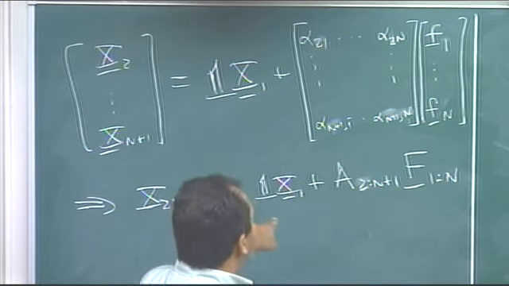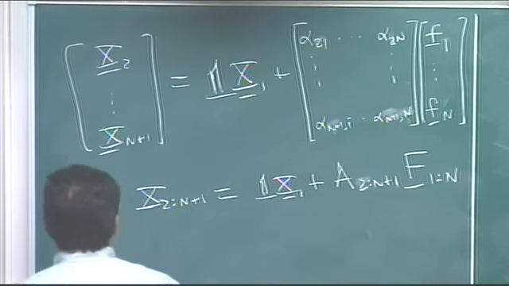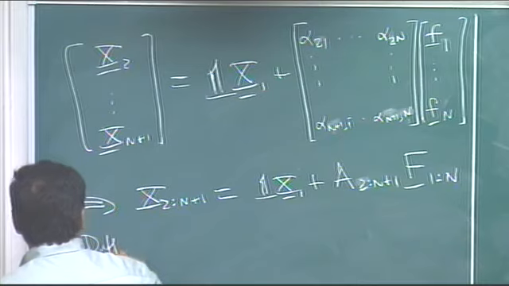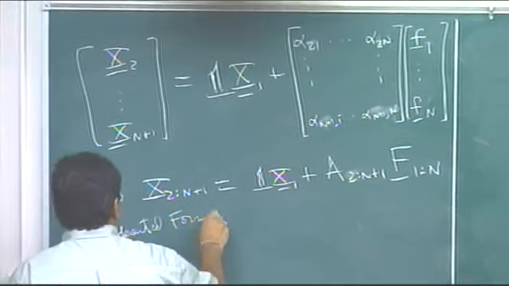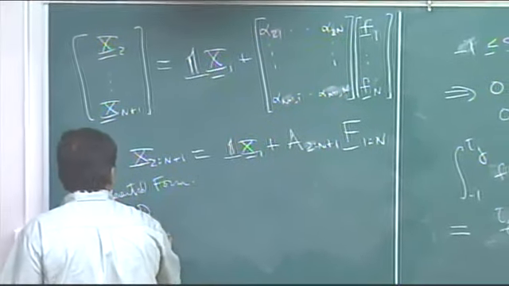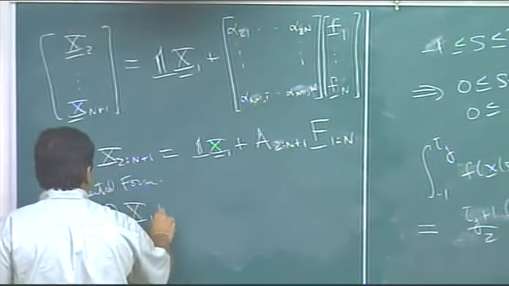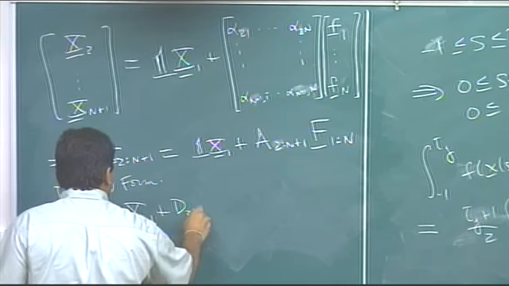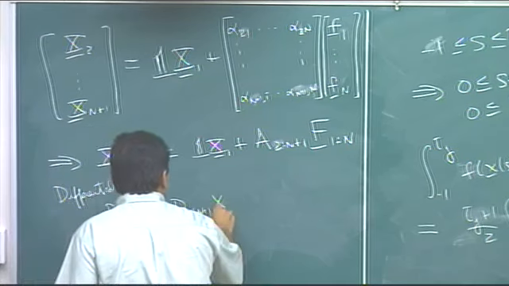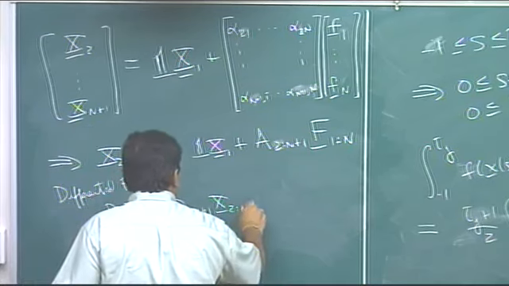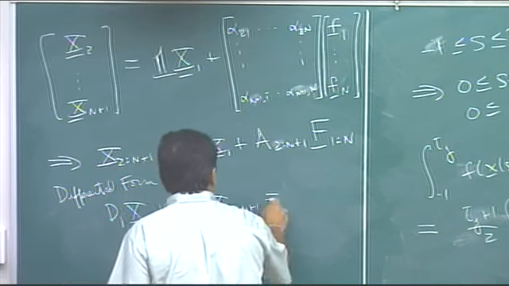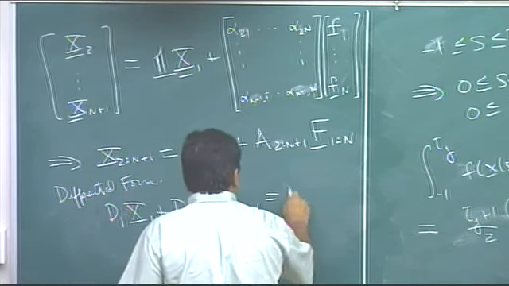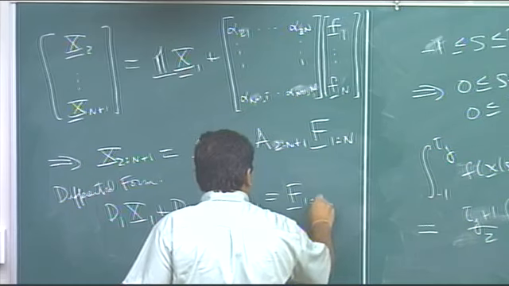So now if you look at that system and you compare it to the differential form, if you remember the differential form looked as follows. It looked like D1 times x1 plus D2 colon n plus 1 times x2 colon n plus 1 is equal to, now if I put this here, f of 1 colon n.